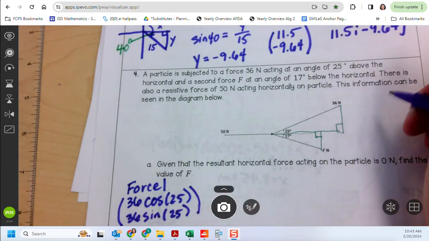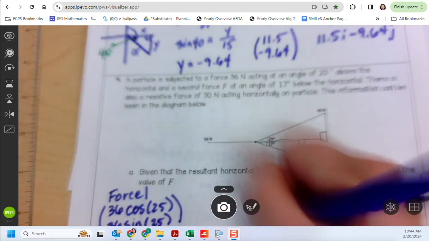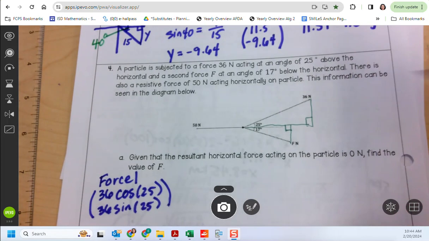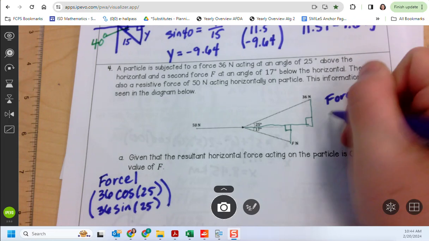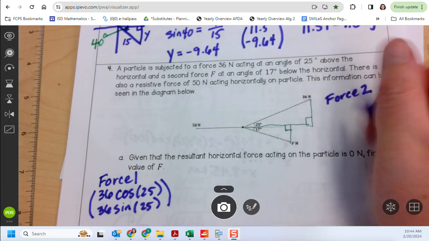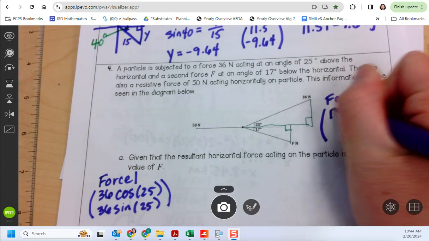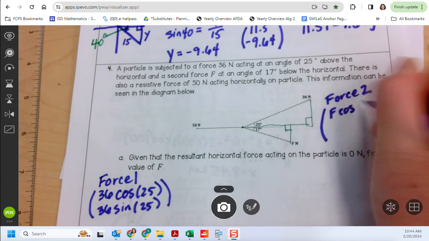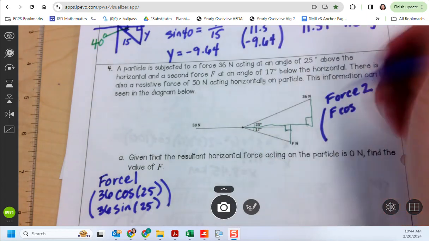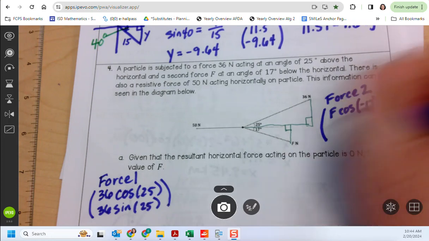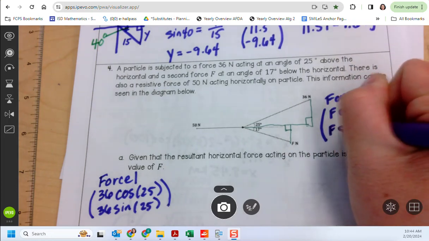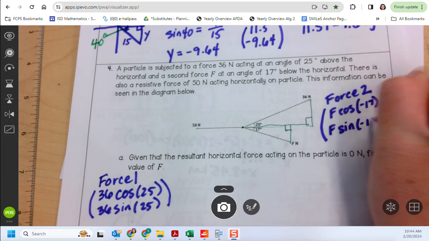And then force 2, I'm going to do it over here so I can use this space for working. Force 2. We don't know the force, so we're just going to call it F. So it would be F cosine, and I'm going to use negative 17 because it went down. This is just another way to get that negative in there. And F sine of negative 17.